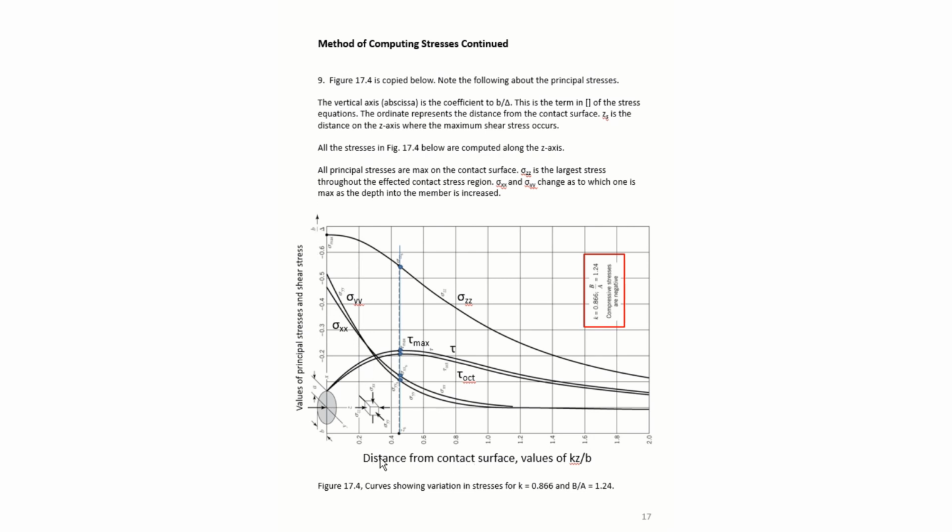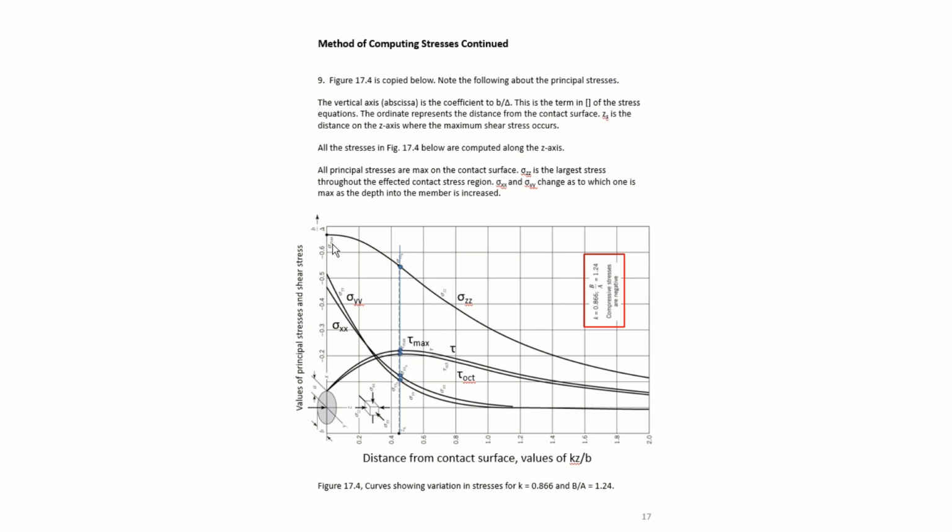My x-axis down here is distance from the contact surface, so these are values of kz over b. As we get further from the contact surface, we see that the stresses significantly decay. This was given for this set of K and B over A ratio.